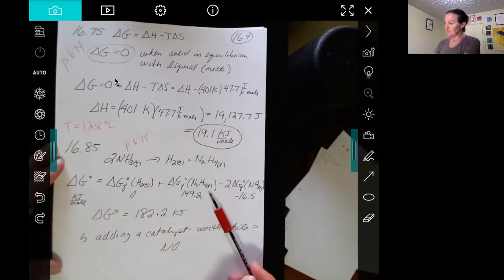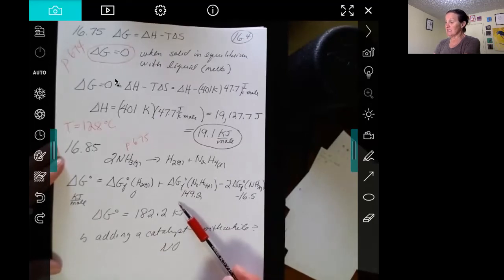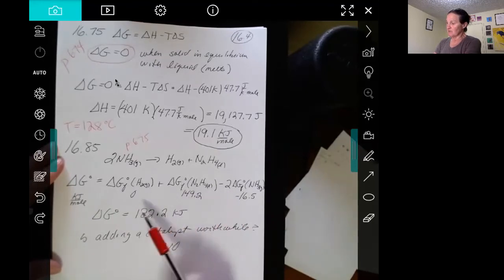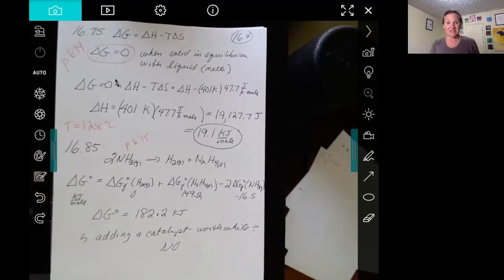The delta G of liquid hydrazine formation is 149.2. Delta G of formation for ammonia gas is negative 16.5. So I multiply each by their stoichiometric coefficient, 1, 1, and 2, and I get a delta G naught of 182.2.